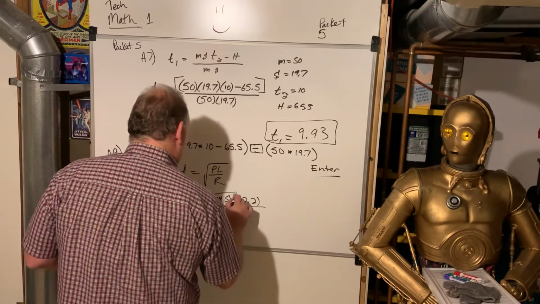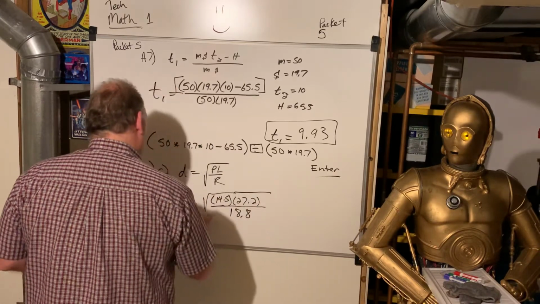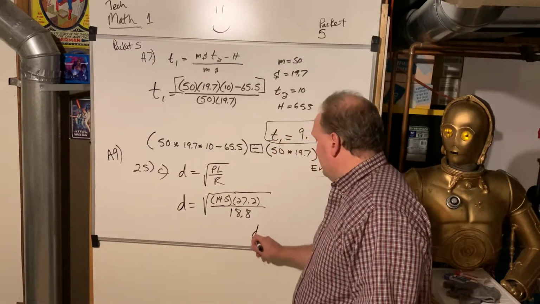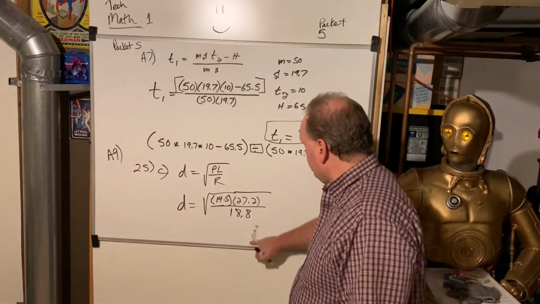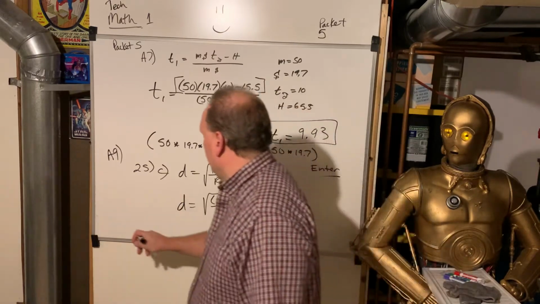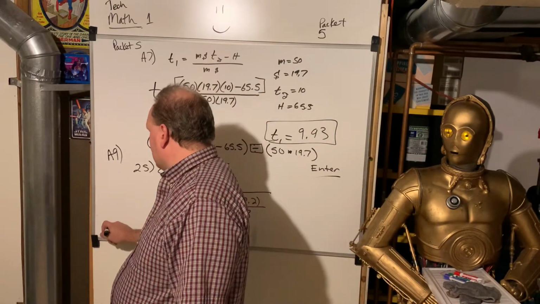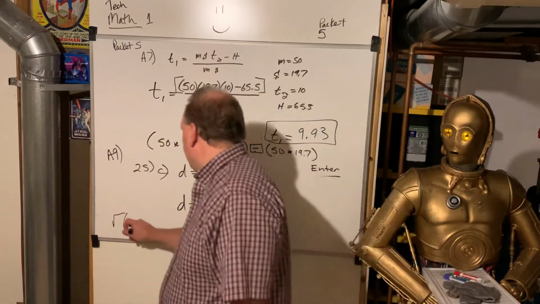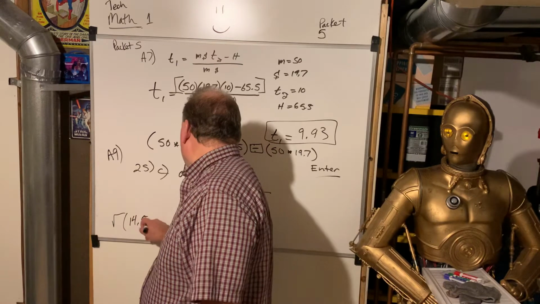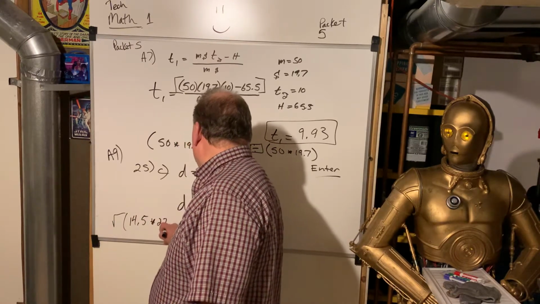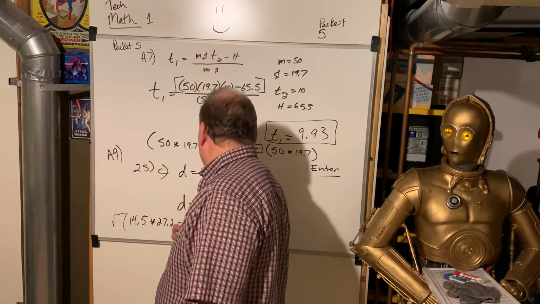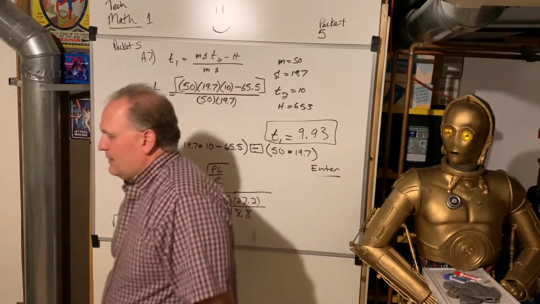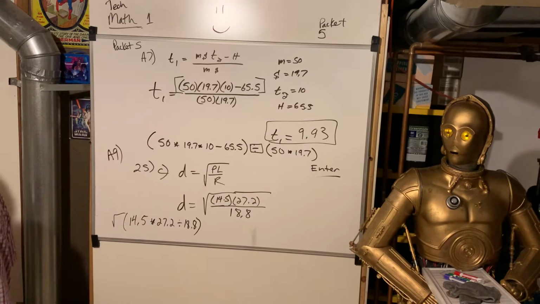All right, and so we're going to find that. And so again, when we key that into our calculator, you're going to hit second and then the x squared button, which will give you a square root with a parenthesis. And then you just do 14.5 times 27.2 divided by 18.8 end parenthesis. And so you can type it all into one shot.